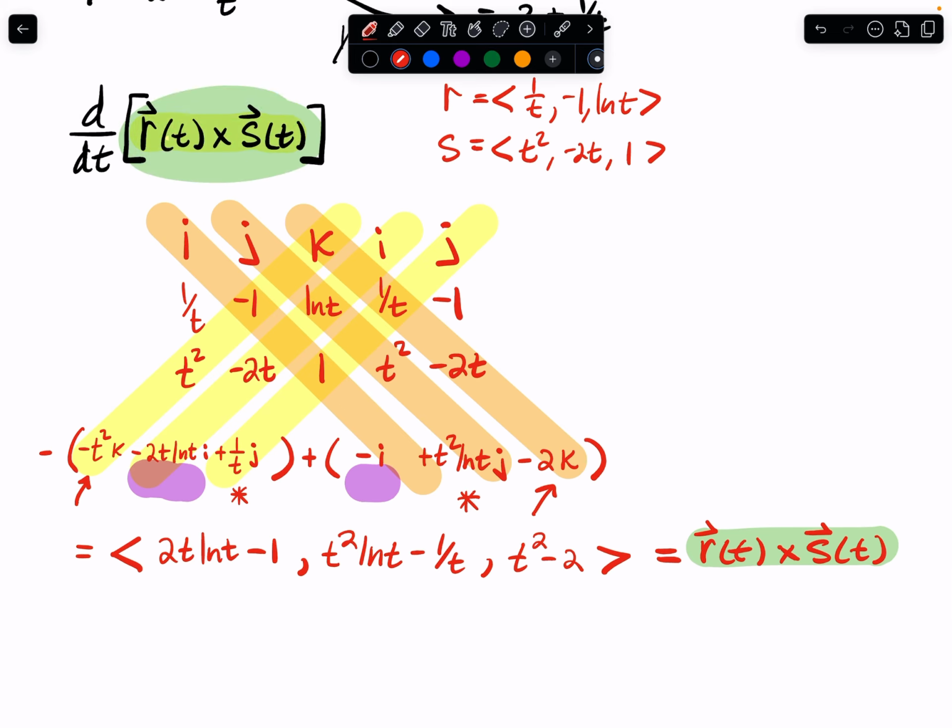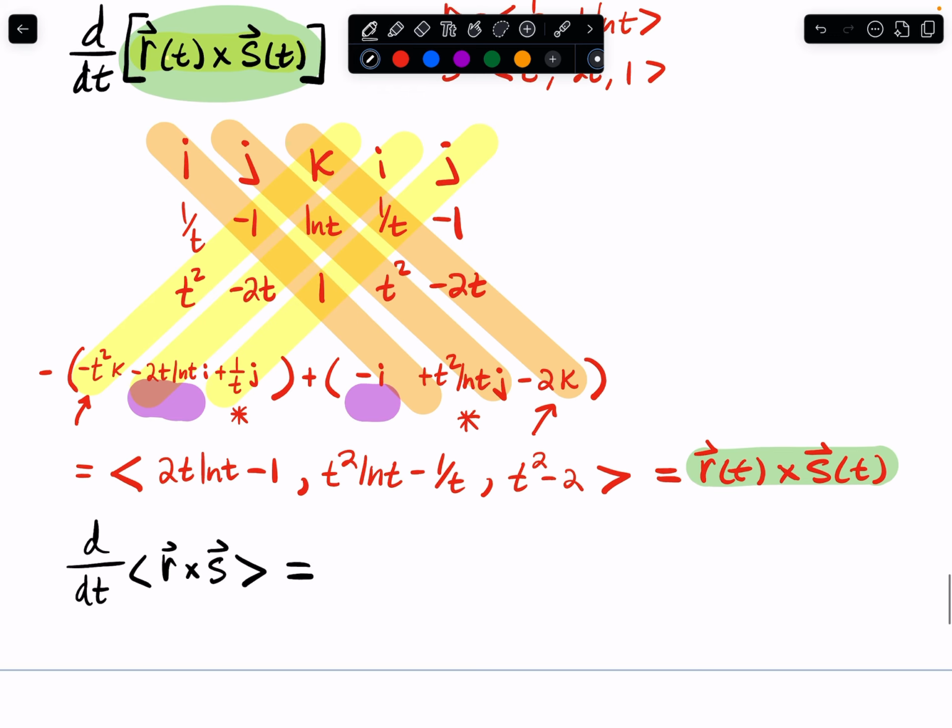What I want to do with that is take the derivative with respect to t. So d/dt of the cross product. What do I get? The first component is 2t ln t, which is a product of two functions, so that's a product rule.